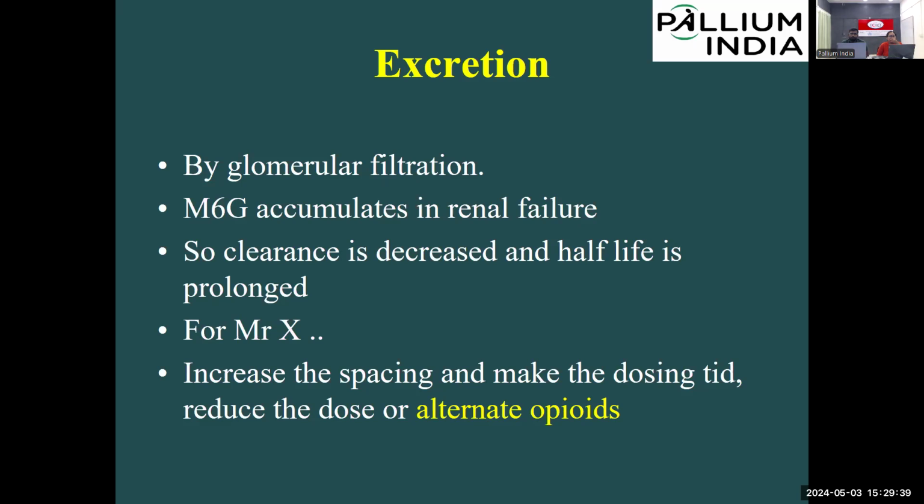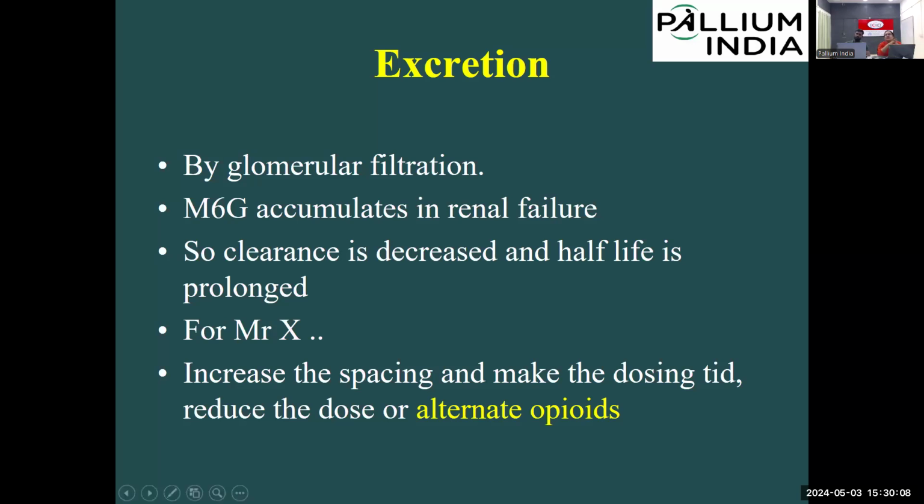So what happens in renal failure is that the active metabolites morphine 6 glucuronide as well as morphine 3 glucuronide accumulate in the blood and the clearance will be decreased, and so their availability in the blood is increased. Morphine 6 glucuronide is responsible for the analgesic effect, as I have already mentioned.